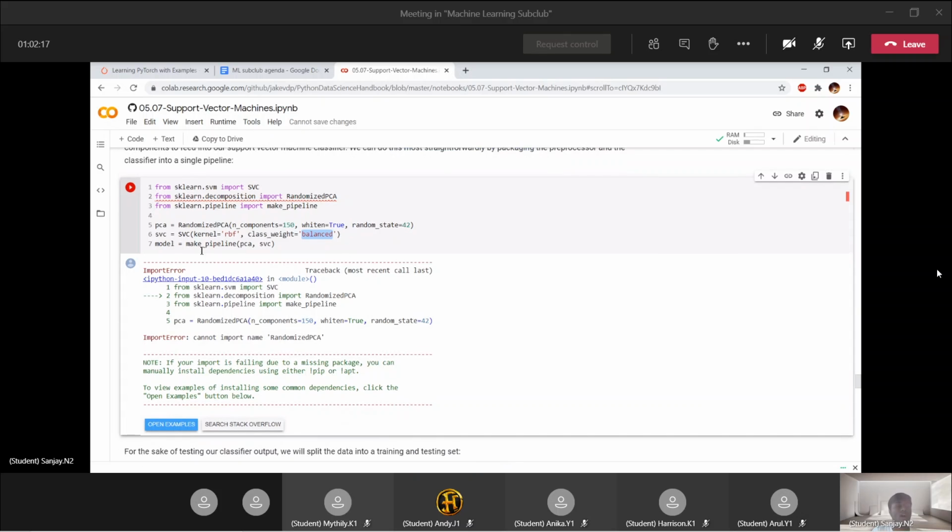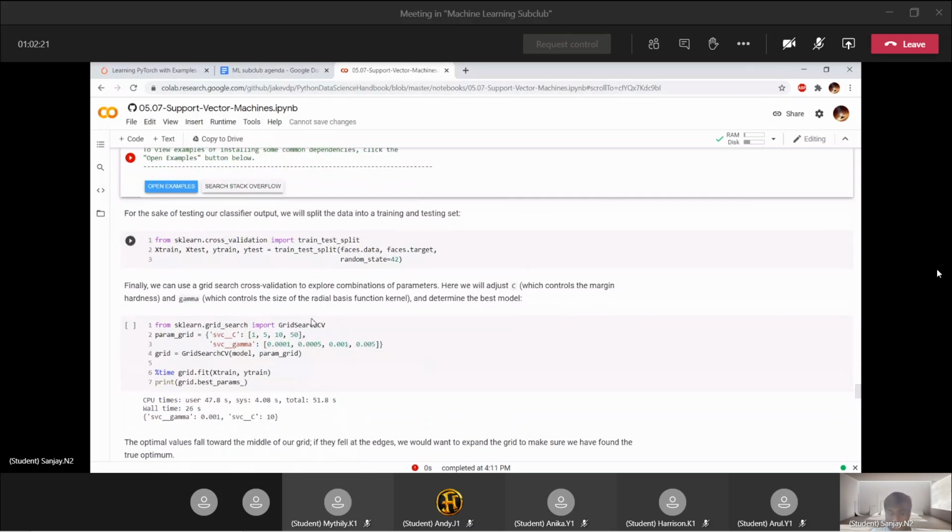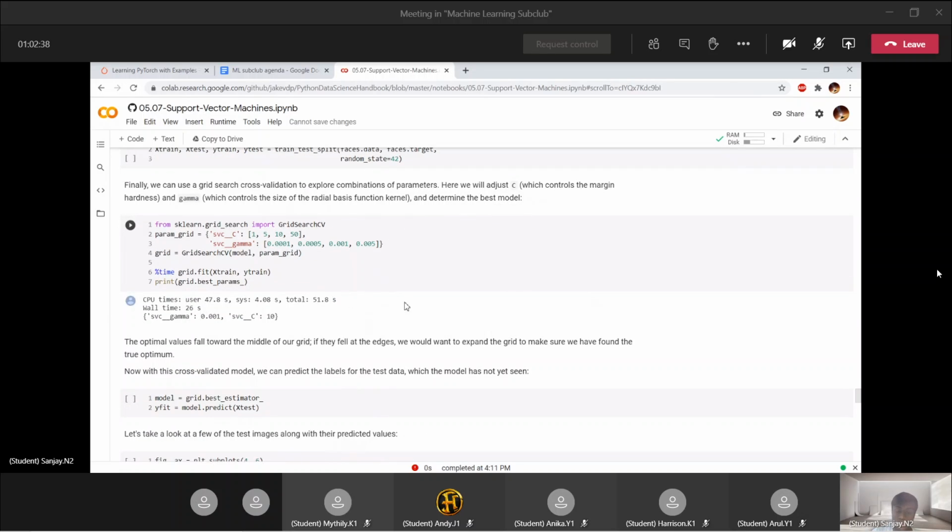And then we'll run some cross-validation, which is essentially just a fancy way of saying we're going to test the algorithm on some of the data from the training set without looking at data from the testing set, to have some sort of metric. And then we use grid search, which we looked at in the previous thing, which basically allows you to try different hyperparameters.